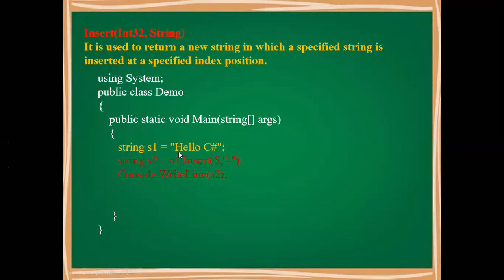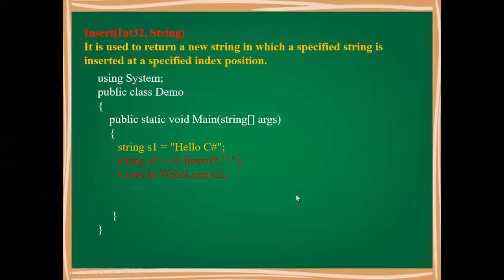H index position is 0, E index position is 1, L index position is 2, second L position is 3, O position is 4. So fifth index position is space, an empty space. So in that empty space, what will be inserted? Dash, as we have asked. So s1.Insert at the fifth index position पे dash insert करना है.